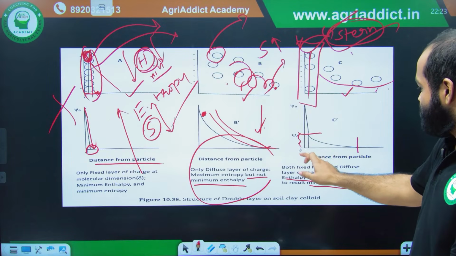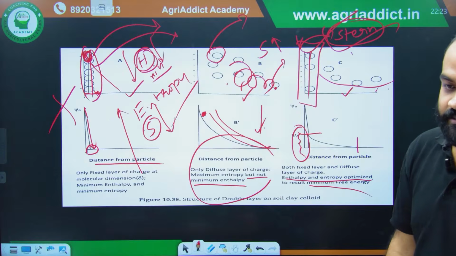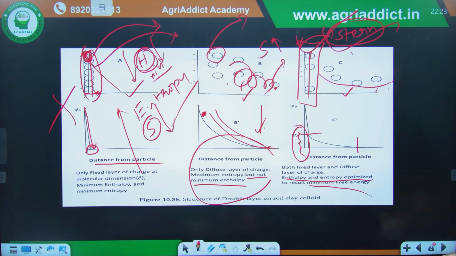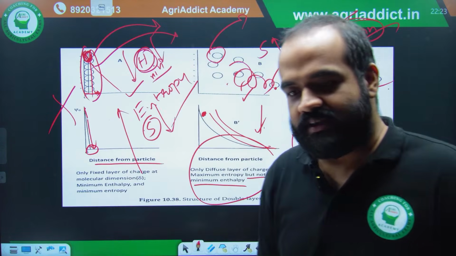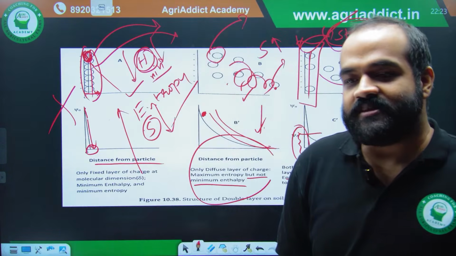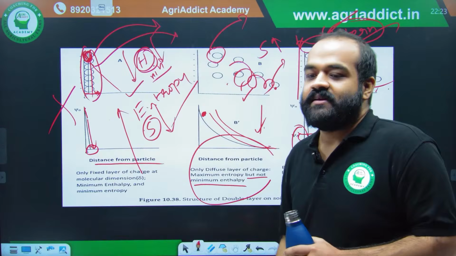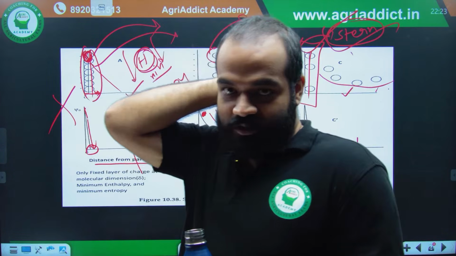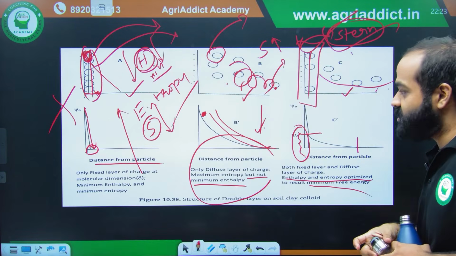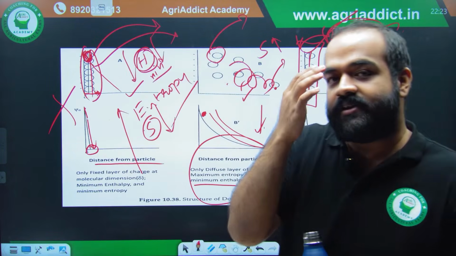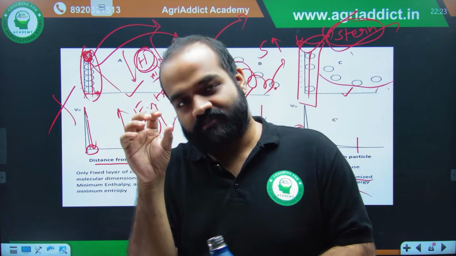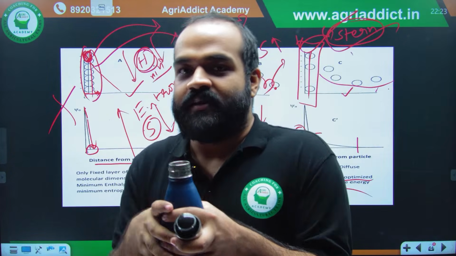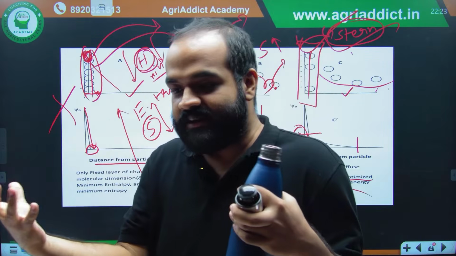This potential difference is called the zeta potential. It governs the stability of the soil colloids. If you open the old ISSS, the definition is given very well: the potential difference between the fixed layer and the diffused layer or mobile layer of the double layer is called zeta potential. Zeta potential governs the stability of the clay colloid. If it decreases, then the clays will flocculate. If it increases, then there will be dispersion.